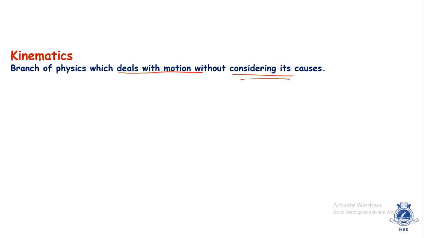For example, if you are driving a bike without knowing how the bike runs, then we can say you are just studying the kinematics. Again, if you study the motion of a Ferrari car, that it is moving with a speed of, say, 50 km per hour, sorry, 50 would be insulting for the Ferrari. Imagine it is moving at a speed of 200 meter per second.